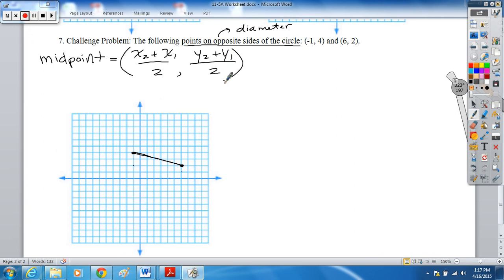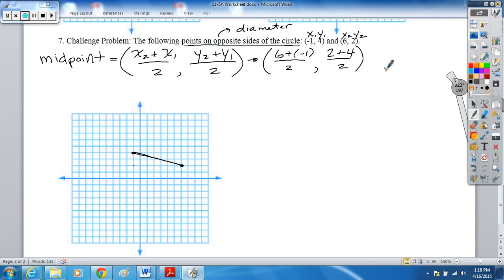All right? And so if I plug that in, let's say this is x sub 1, y sub 1, x sub 2, y sub 2. I can do 6 plus negative 1 over 2, and then I can do 2 plus 4 over 2. Okay, we're adding those there.